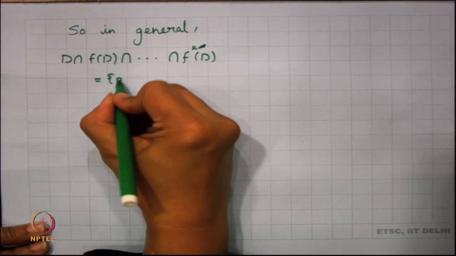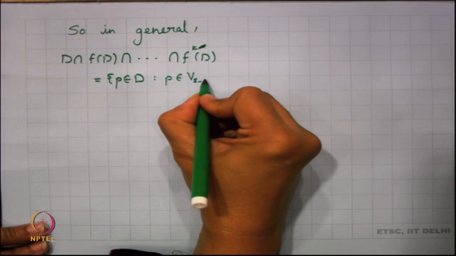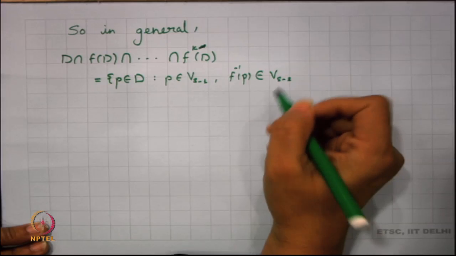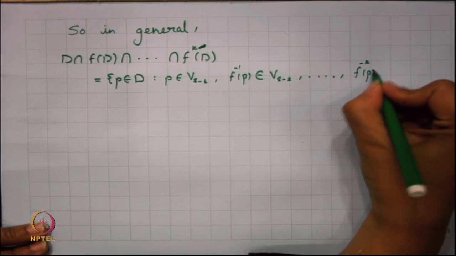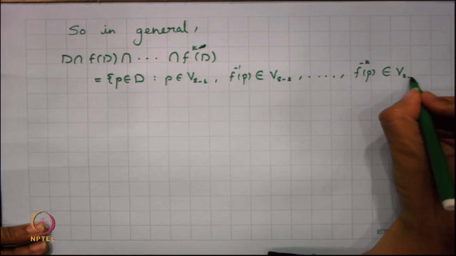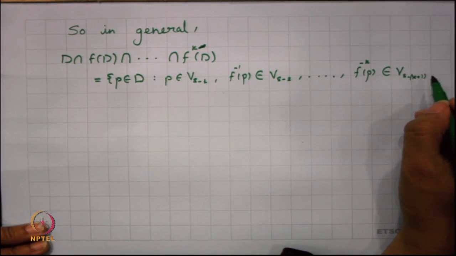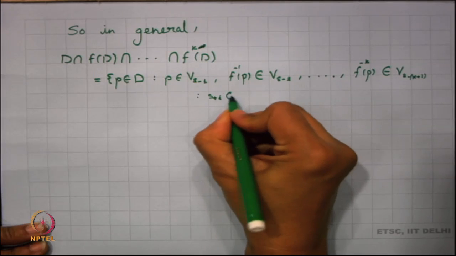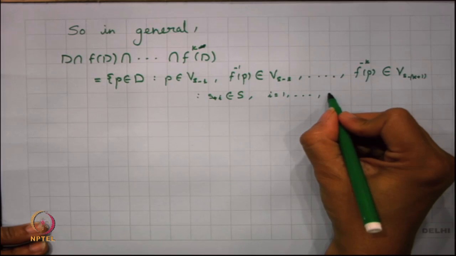That is the set of all P in D such that P belongs to V_{S-1}, F inverse P belongs to V_{S-2}, and so on, up to F^{-k+1} P belongs to V_{S-k}, such that S_{-i} belongs to S and i varies from 1 to k.